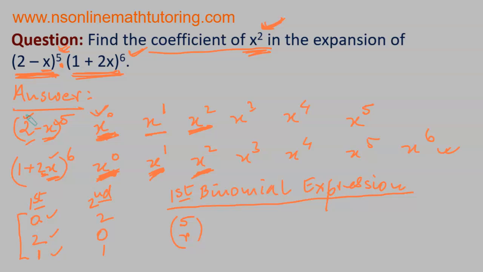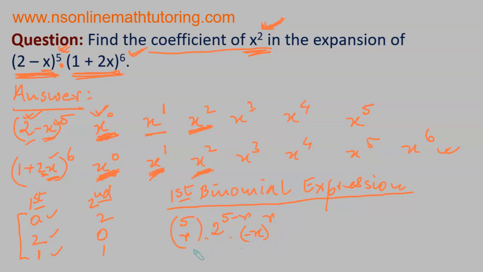The first term is 2, so 2 raised to the power of 5 minus r, and minus x raised to the power of r.